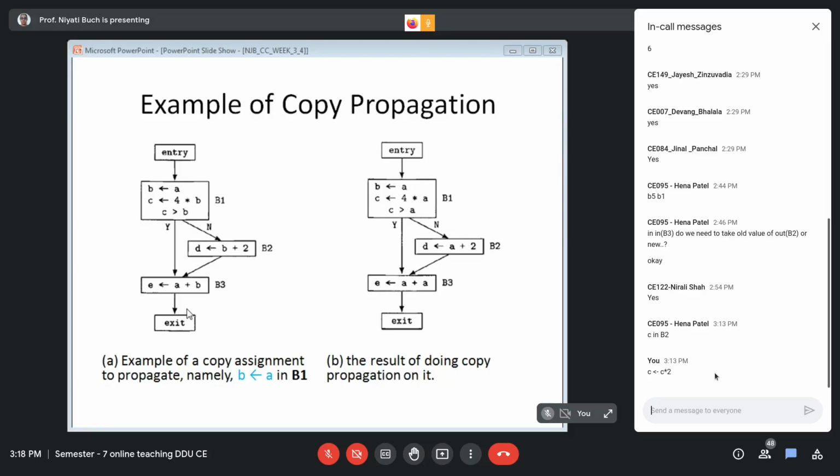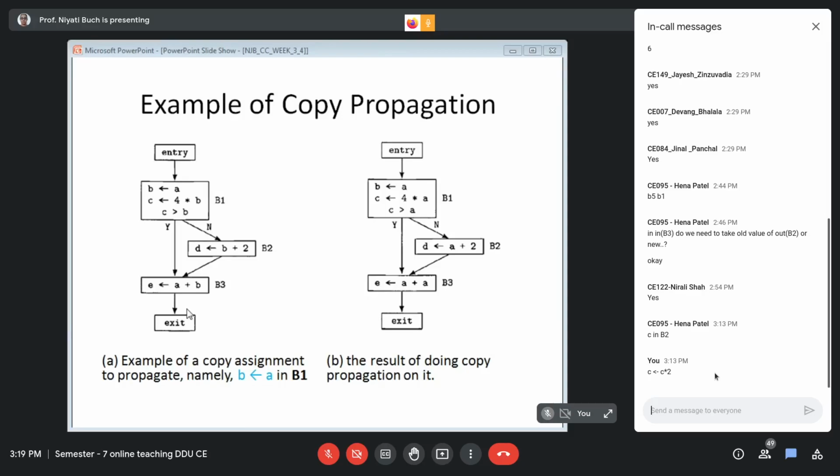Let me show you a very simple example. We have made an assignment of A to B. So B is containing the value of A. Wherever in our program the value of B or A is not changing, we can simply use A. See here in B1, we have the assignment A is assigned to B. On the right hand side, we see that the expressions in B2 and B3 have been changed.